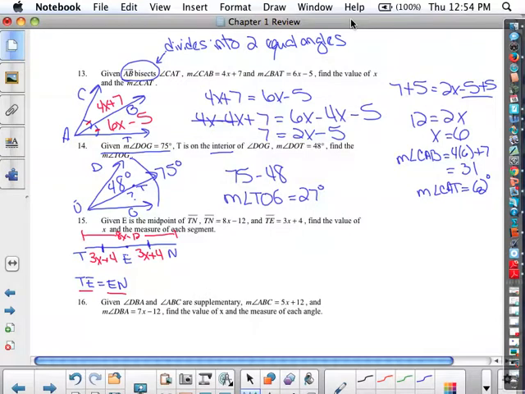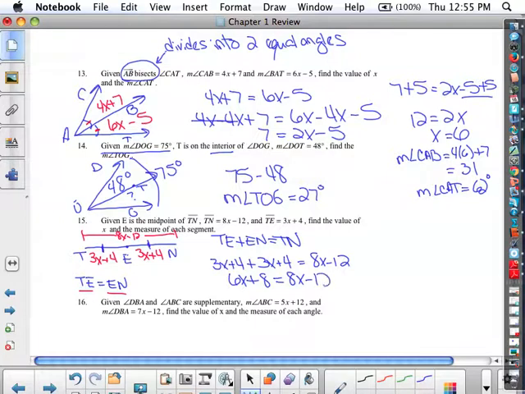So now you can set up your equation because TE plus EN equals TN. 3x plus 4 plus 3x plus 4 is equal to 8x minus 12. Combine like terms, you have 6x plus 8 is equal to 8x minus 12.